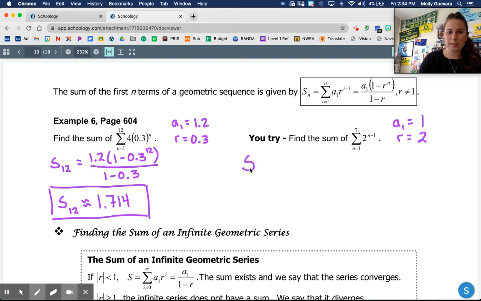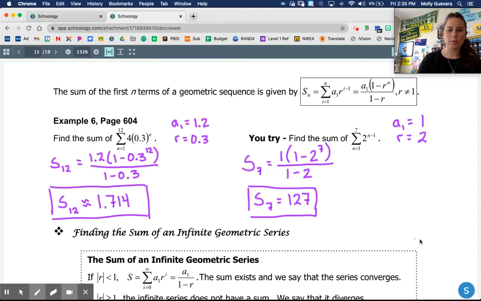So let's find the sum of the first 7 terms. So it's going to be my first term, which is 1, times 1 minus 2 to the 7th, all over 1 minus 2. And we should have gotten that our 7th term is 127. If you're having trouble entering that into your calculator, just reach out and let me know. I'm sure it's just missing parentheses or something like that.